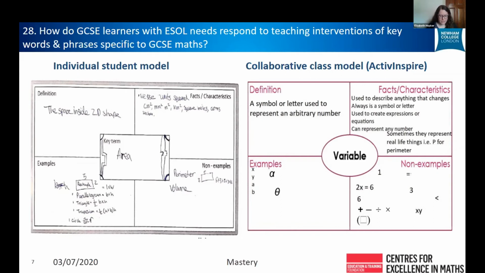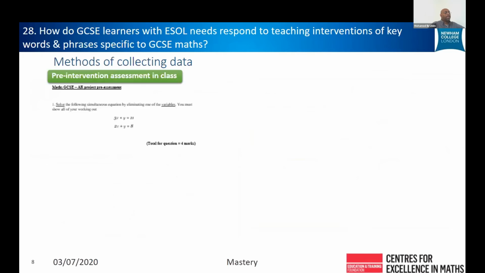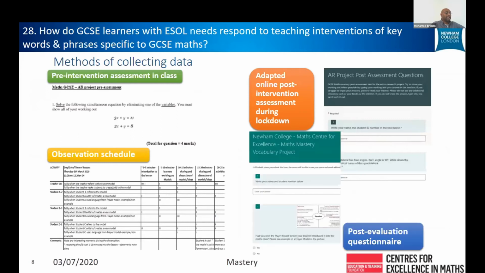So Mohammed's going to take you through a bit of how we collected our data about the responses to these models. We were planning to do a pre-intervention assessment, 6 in-class observations, a post-intervention assessment, and a student evaluation at the end.